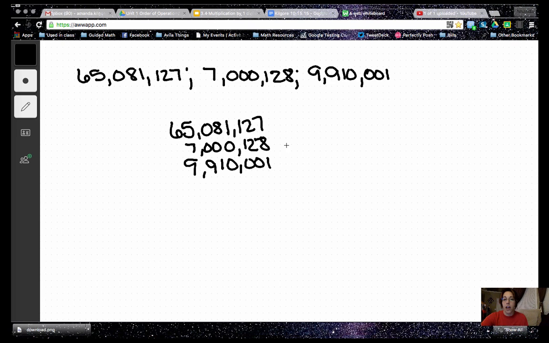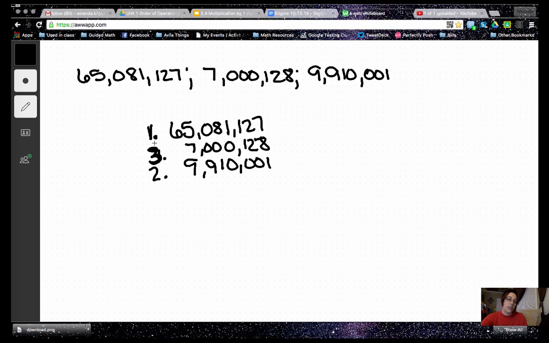So start from the left, go to the right. We're going greatest to least, so we're looking for the biggest number first. 6 compared to nothing and nothing would make this our first number. We go over a 7 compared to a 9. 9 is larger. 7 would be our third in the series.